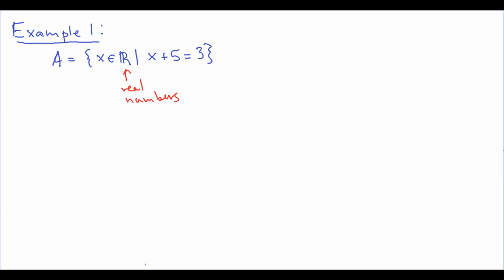You can look at that equation and say, oh, I know what that equation is telling me. If you just solve it, if you subtract 5 from both sides of that equation, you get that X is equal to -2.